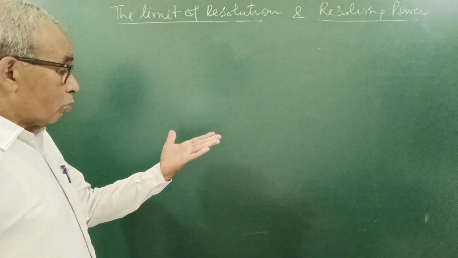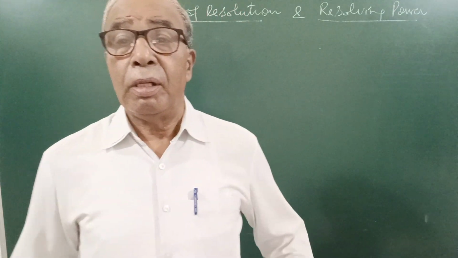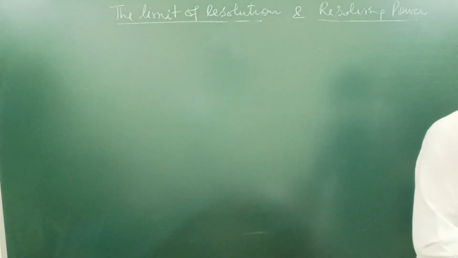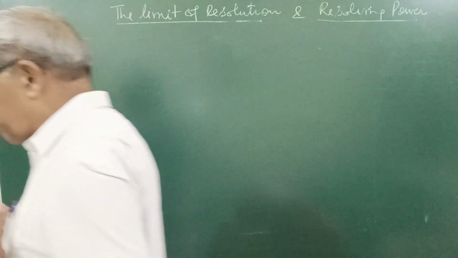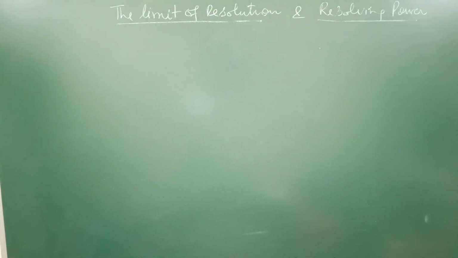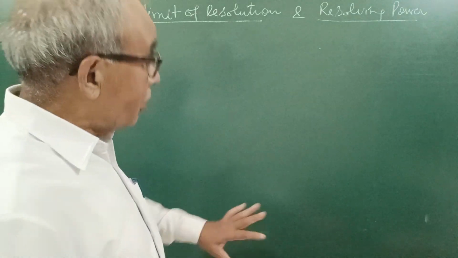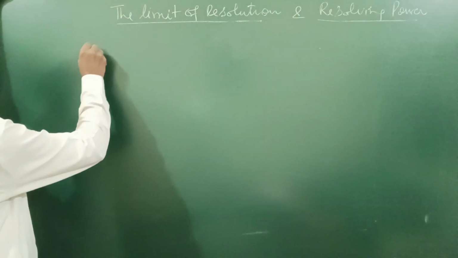We are not able to see the distance between atoms or molecules of solids. The distance between the atoms of metals is a fraction of an angstrom, but we are not able to see it. Why is it so?